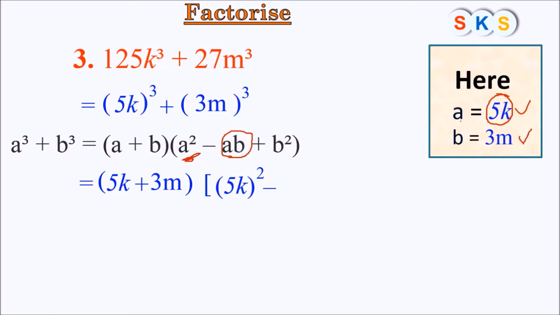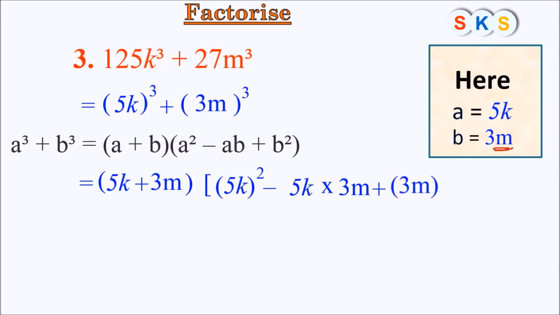So a into b is 5k into 3m. We will write here 5k into 3m plus square of b. And what is the value of b? You can see in the box, the value of b is 3m. So we will write 3m the whole square, close the bracket.